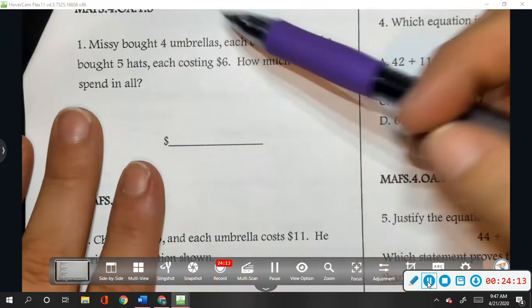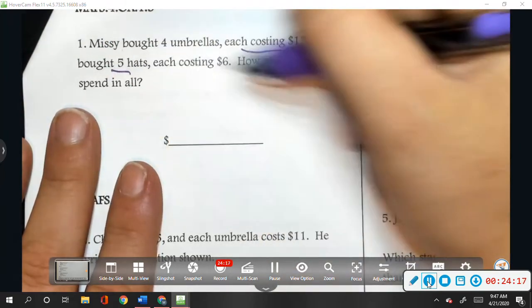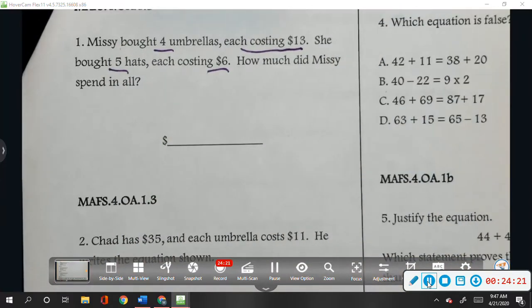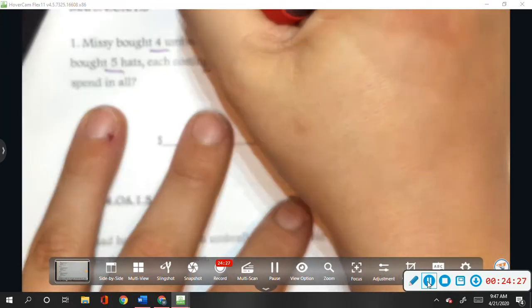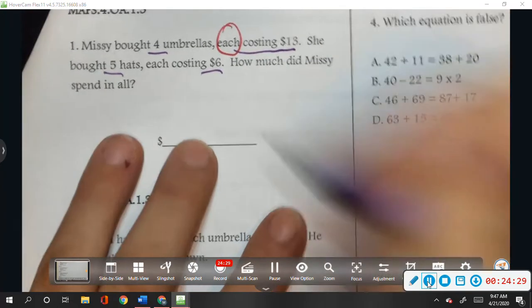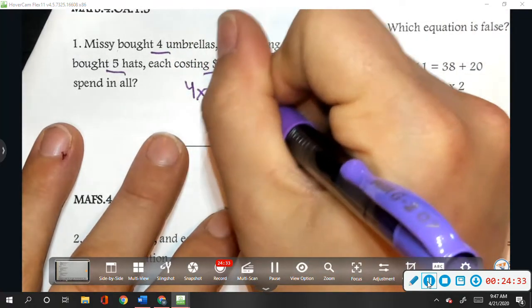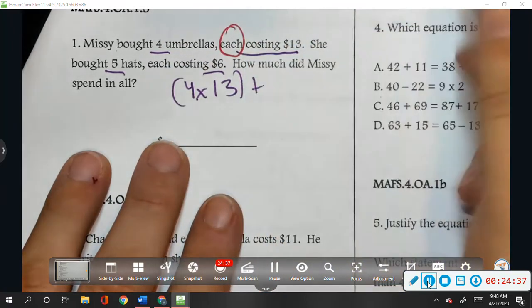Alright, countdown, day 8. Missy bought 4 umbrellas, each costing $13. She bought 5 hats, each costing $6. How much did she spend in all? Still working on our multiplicative sentences. We know that each means we're going to multiply. So we have 4 times the cost, which is 13. And we're adding these together. And so we're going to get our hats.